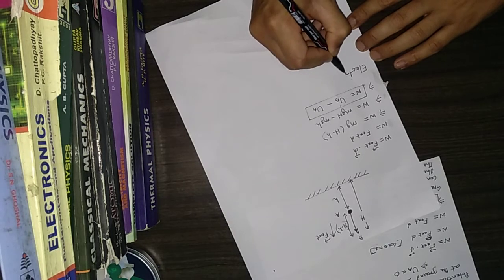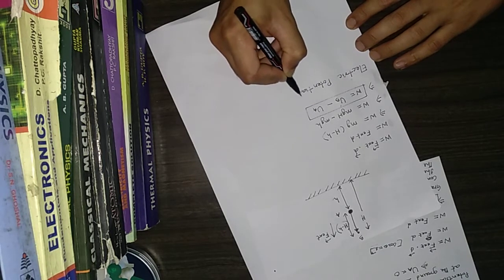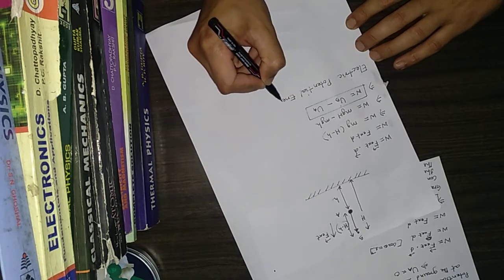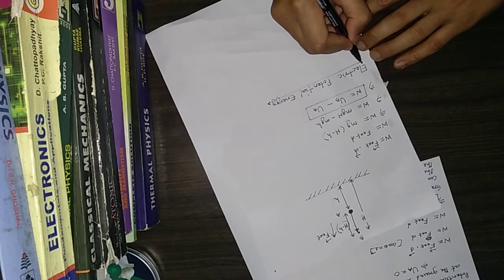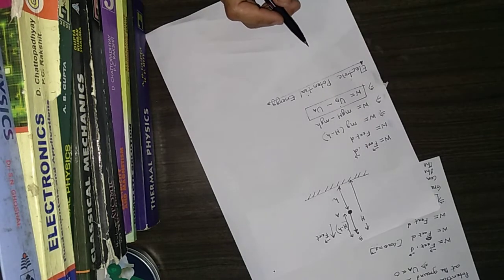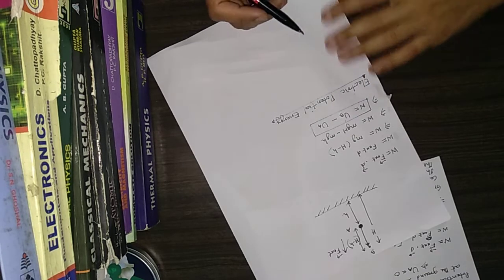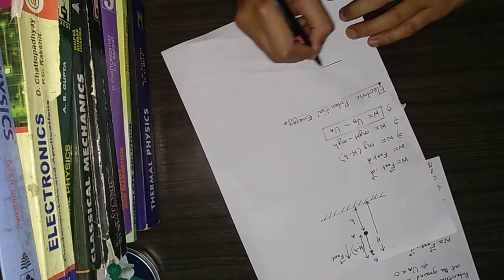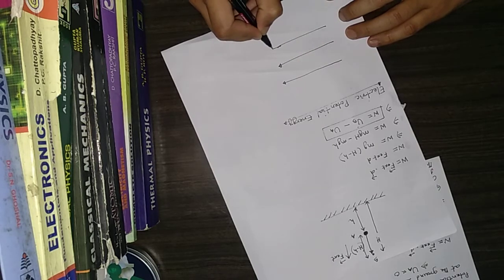So let us now go to our electric potential energy. In gravitational potential energy, you have gravitational force or gravitational field. Now in electric potential energy, you have an electric field. Suppose you have an electric field this way.